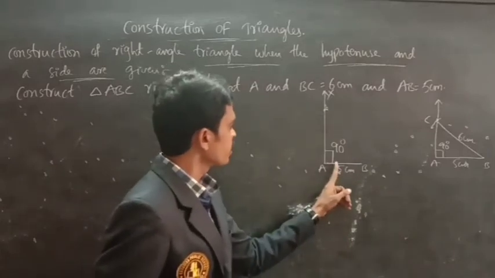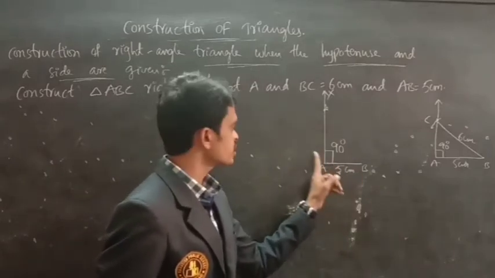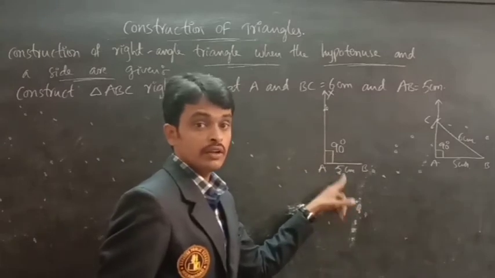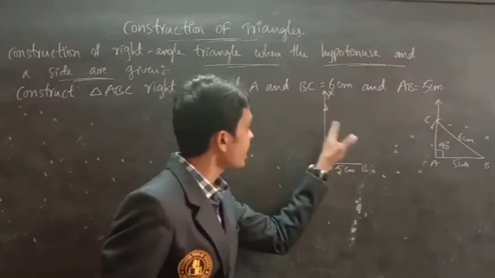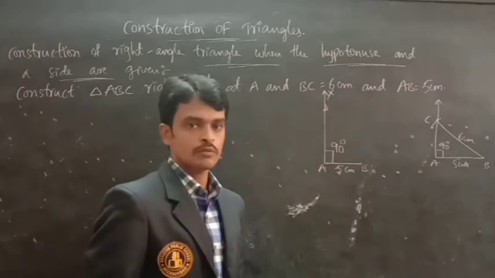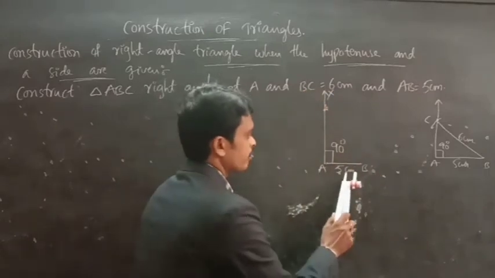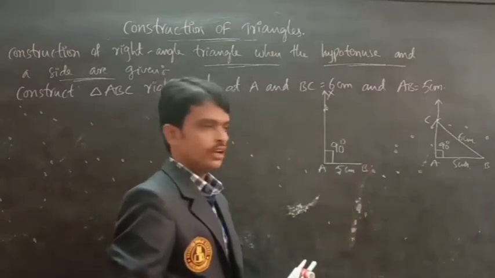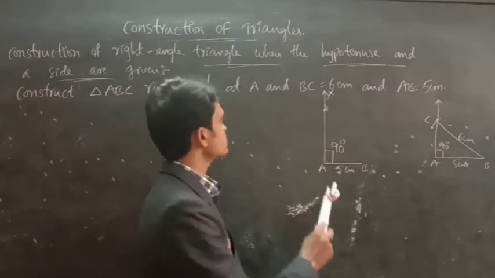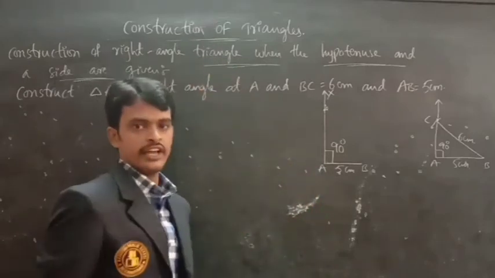So here 5 centimeters we got, the adjacent side, but what are we using? Yes, the hypotenuse. So BC is the hypotenuse. So by using the hypotenuse and the adjacent side, either height or base, and by using the right angle, we are constructing the right angle triangle.